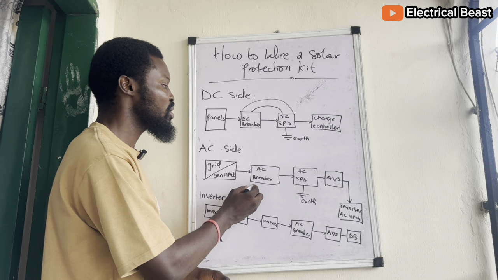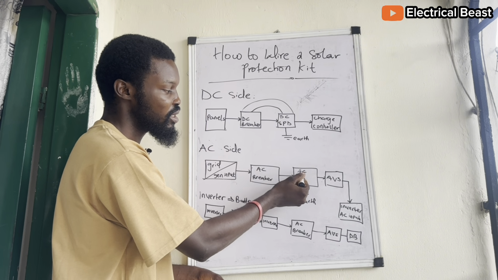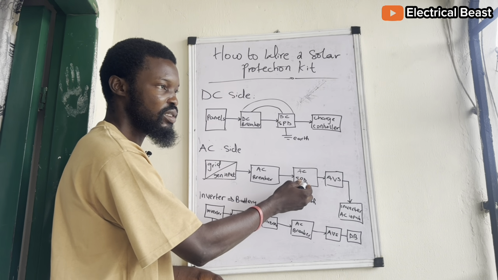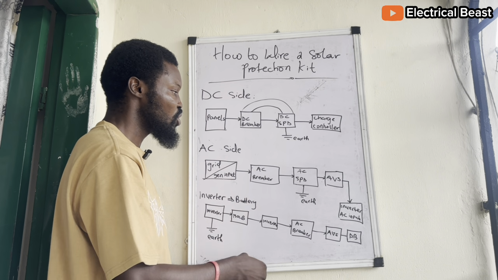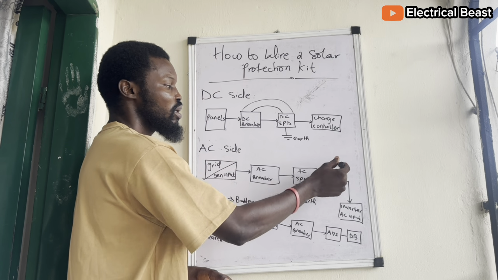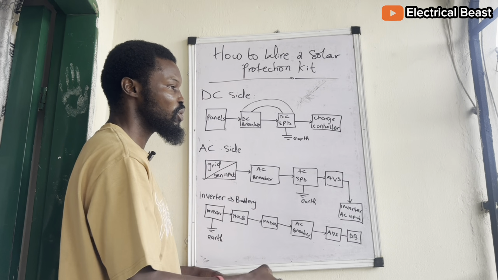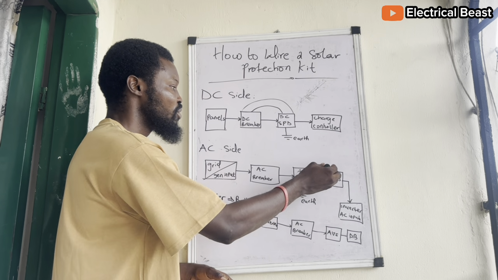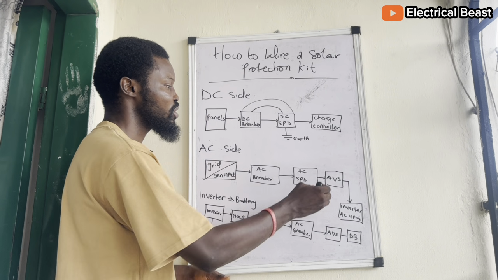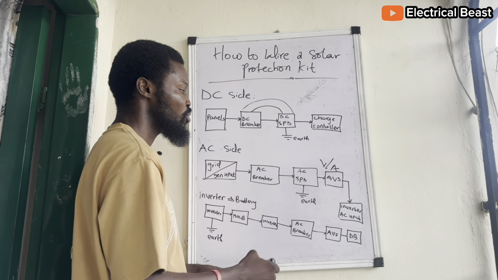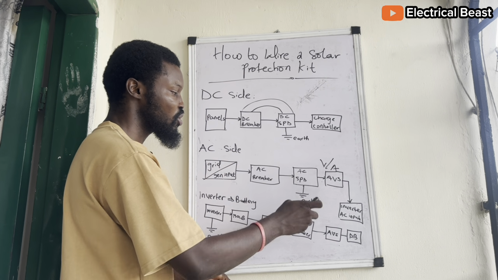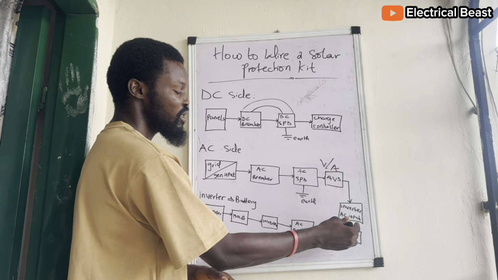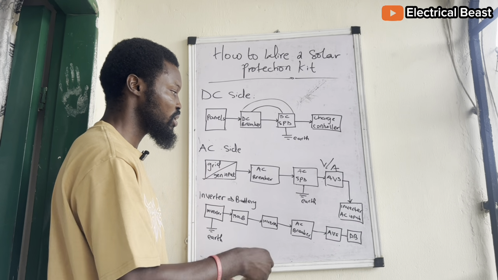From the AC breaker, similarly, an AC SPD or AC surge protective device. So then from the AC SPD to the AVS, automatic voltage switcher, or some persons call it voltage protector, voltage and current protector, VA protector. Then from the VA protector to the inverter's AC input.